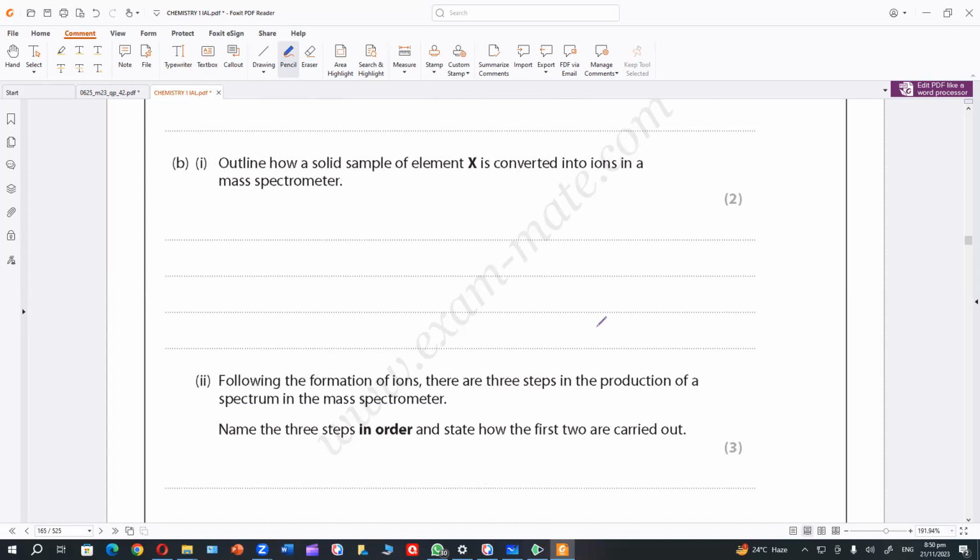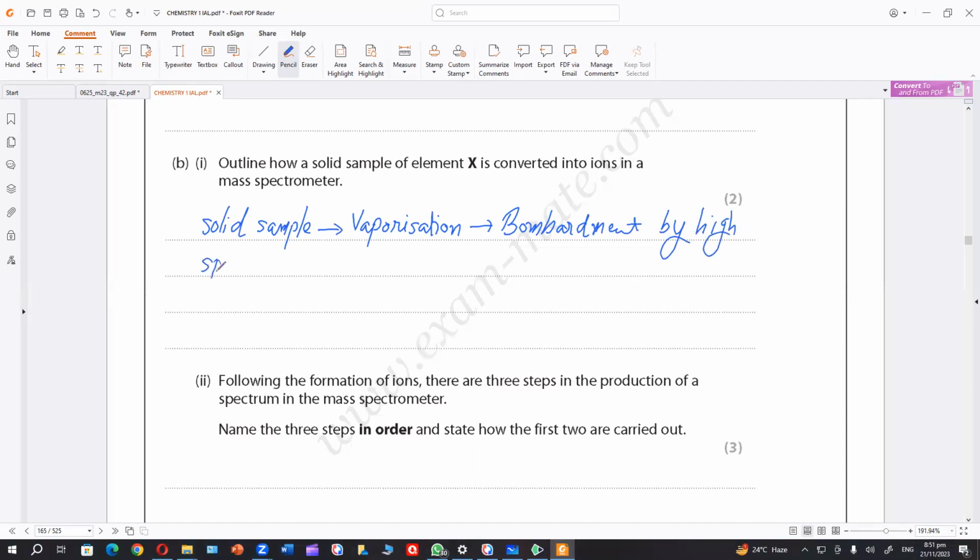Yeah, first it is vaporized, and then it's passed through an area where it's bombarded with high-speed electrons, where it gains its positive charge.